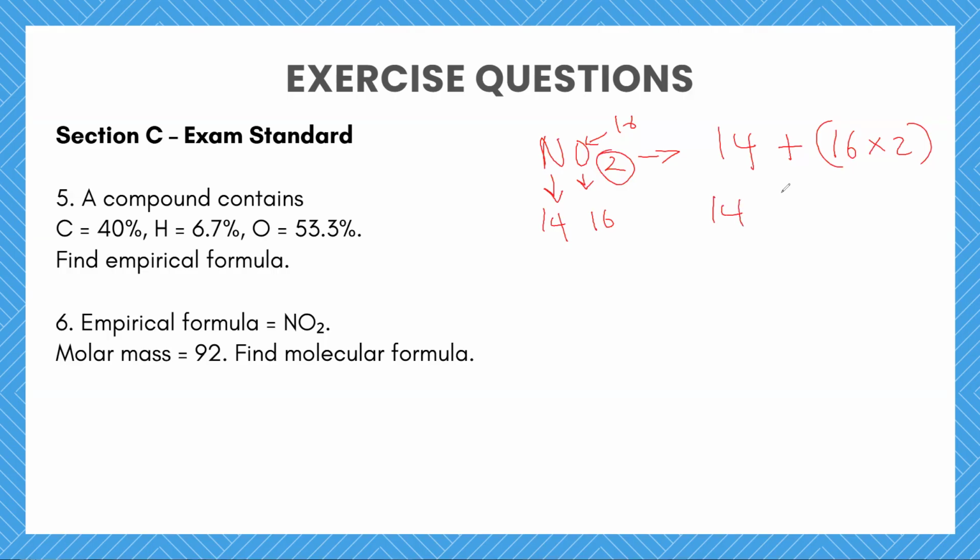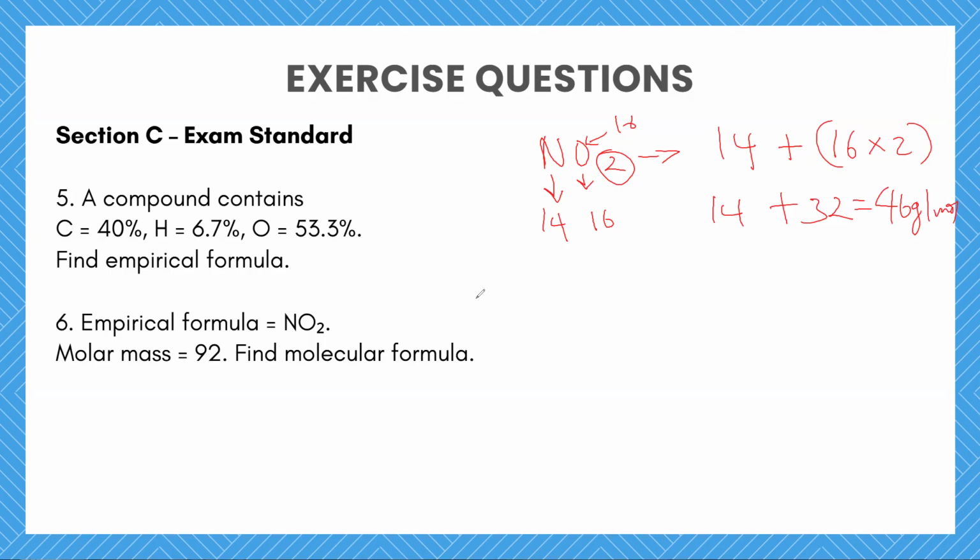So we have 14 plus 32. This gives us 46. So it becomes 46 grams per mole. That is the mass of the empirical formula.